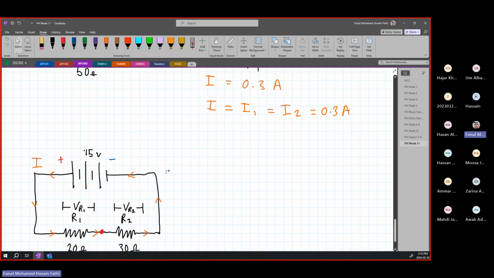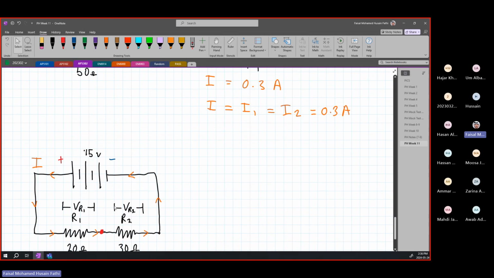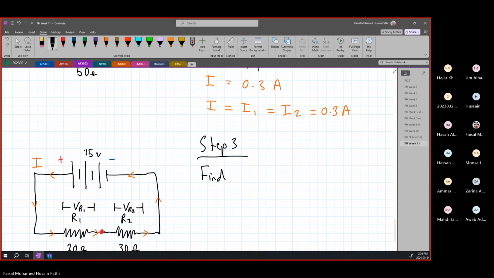So VR1 is the drop from the first resistor, and VR2 is the drop of the second resistor. How much voltage is it reducing? All right, that's what that means. So step 3, find VR1 and VR2.